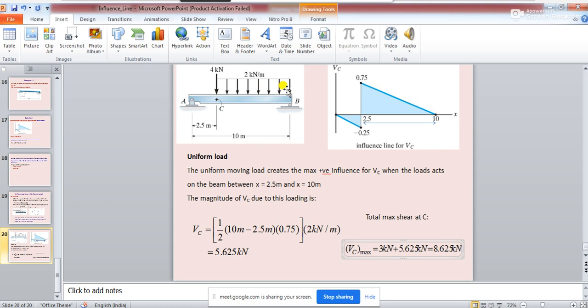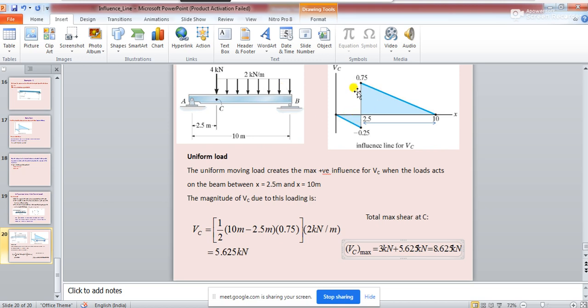Okay. Now you should understand another thing very clearly. In this problem we have taken the length of this load as 7.5 meter, but it may not be the case always. This load may be longer than 7.5 meter, or it may be shorter. So suppose instead of 7.5 meter, the length of the load is 5 meter, then what you have to do to take care of the influence?